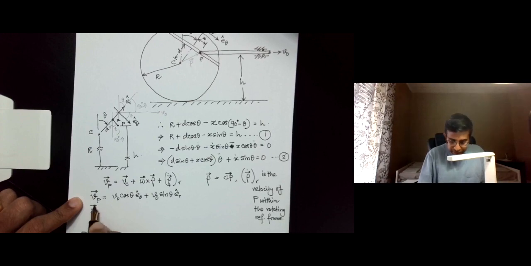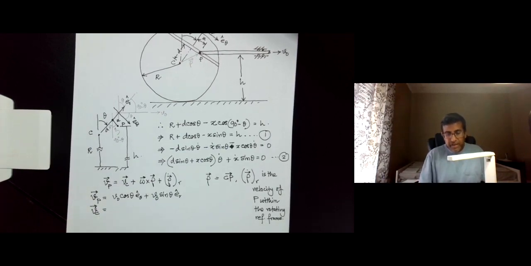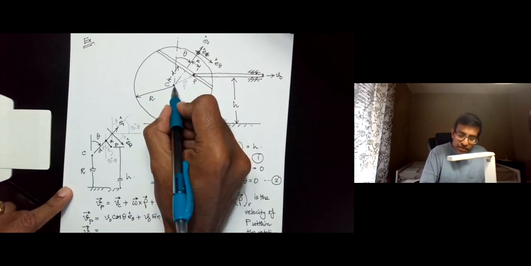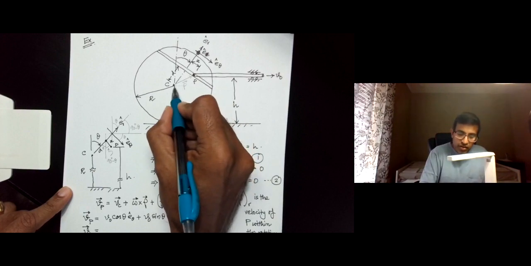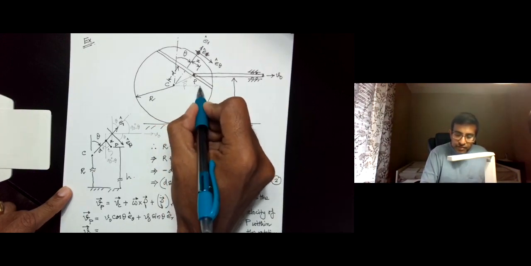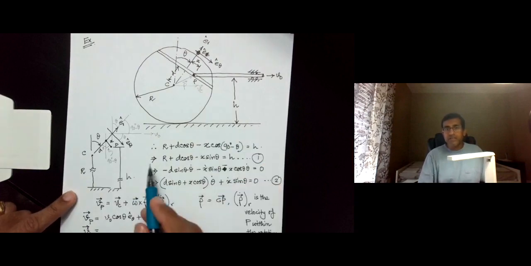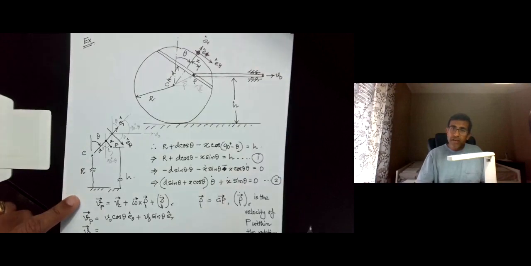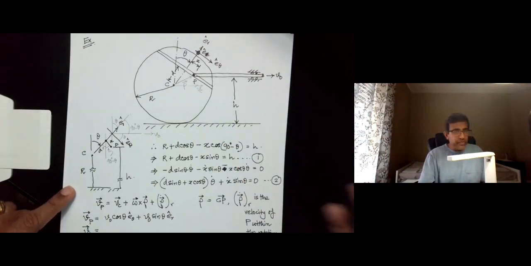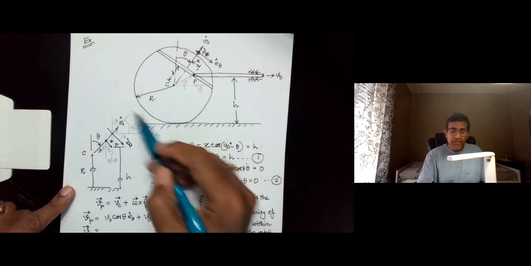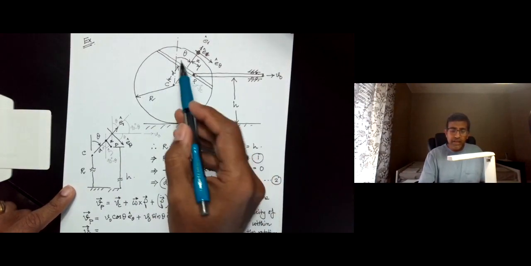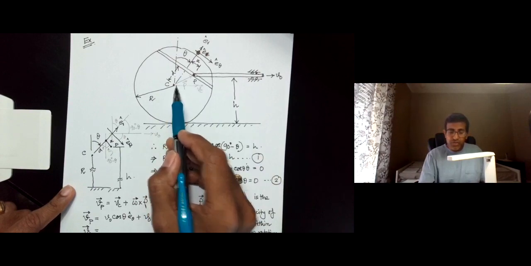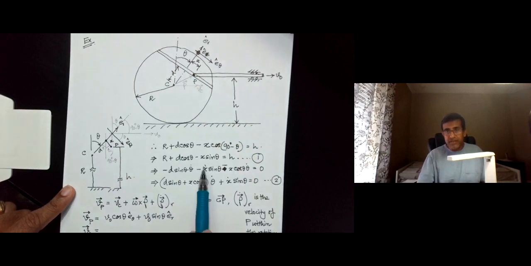What is Vc? Vc is the velocity of the center of the circle. Now, the center of the circle also has a horizontal velocity, right? Because it is a horizontal surface and it is a disk. So as the disk turns, the center moves in the horizontal direction. And we don't need to do any kinematic analysis because this is simple enough. But we know that if a disk is turning with an angular velocity of theta dot, then the velocity of the center of the disk is going to be theta dot times the radius of the disk, right?